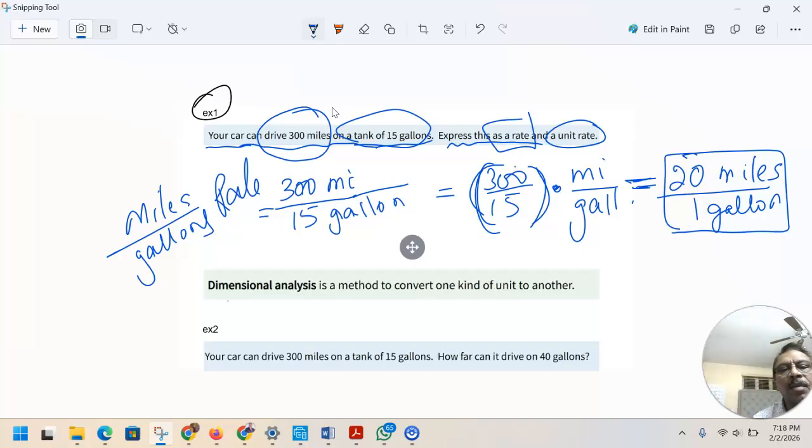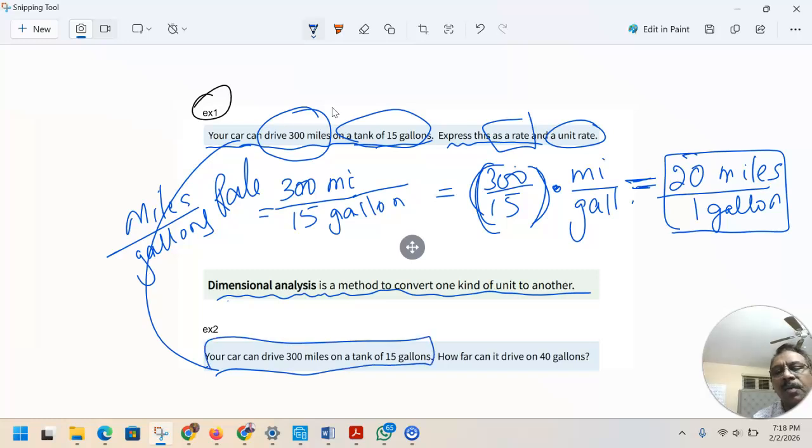In this example, what is dimensional analysis? It is a method to convert one kind of unit to another. Now, for the same problem, the first information is the same. The question is: how far can it drive on a tank with 40 gallons?